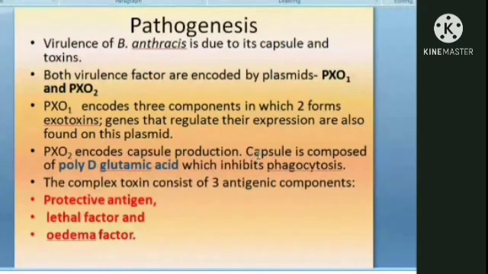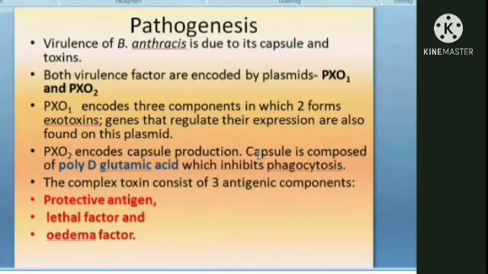PXO1 is basically responsible for producing three types of toxins: the lethal factor, the protective antigen, and the edema factor, which regulate the host immune system and help in the dissemination of this infection. The PXO2 plasmid is responsible for the genes which encode capsule production.